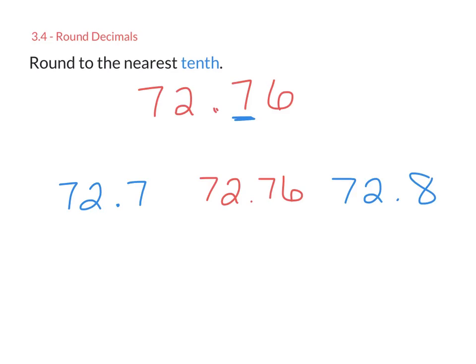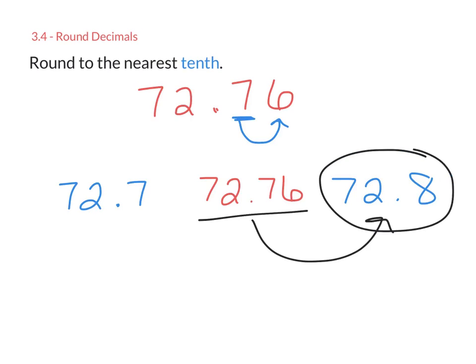It's greater than 72 and 7 tenths, but it's less than 72 and 8 tenths. So to decide if it's going to round up or down, you look one digit to the right. 6 is 5 or greater. That means we're going to be rounding up. So 72 and 76 hundredths rounds up to 72 and 8 tenths. It's closer to 72 and 8 tenths than it is to 72 and 7 tenths.